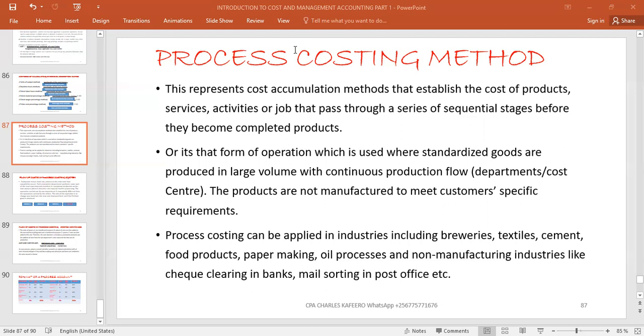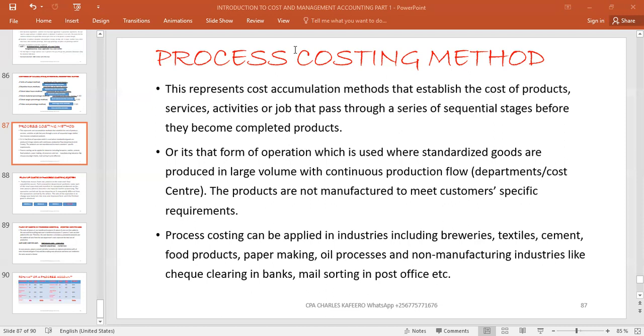Because if these processes were similar, then we would have only one process that could help us to produce those items until they are done. So at different departments or processes, we have different activities and incur different costs. But what we are producing is a final product that is standard and homogeneous.